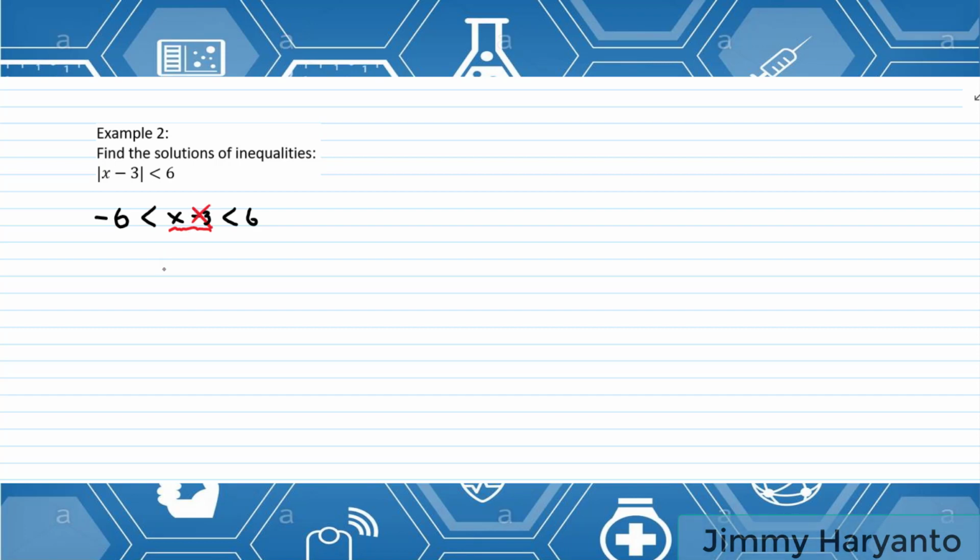So we have to eliminate this negative 3 by adding 3 to all parts. So the negative 6 plus 3 becomes negative 3, and then x minus 3 plus 3 becomes x, 6 plus 3 becomes 9. There you go. This is the solution.